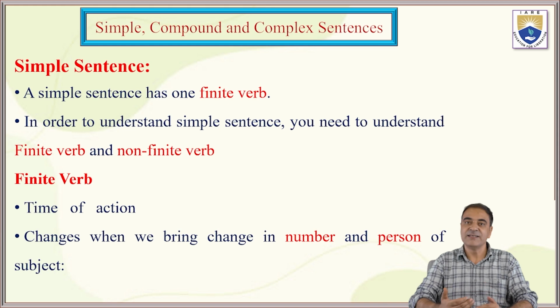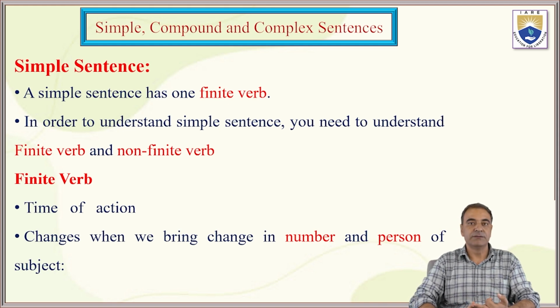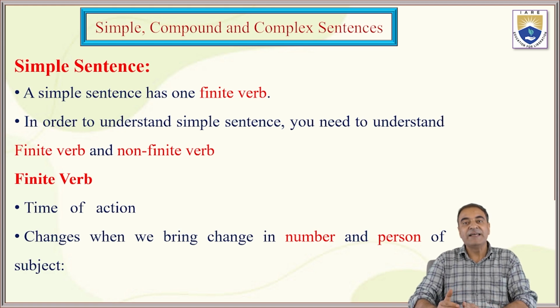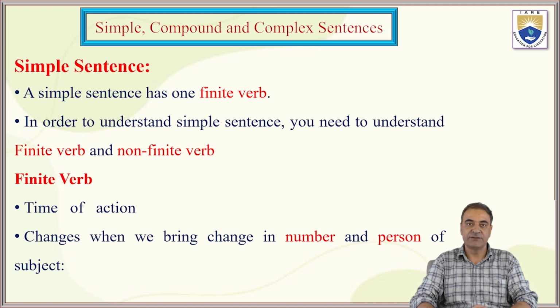Now, what's a finite verb? Two things you need to remember. The first one is, a finite verb is a verb that shows time of an action. And the opposite of finite verb is non-finite verb. That's why we say non, means not finite.